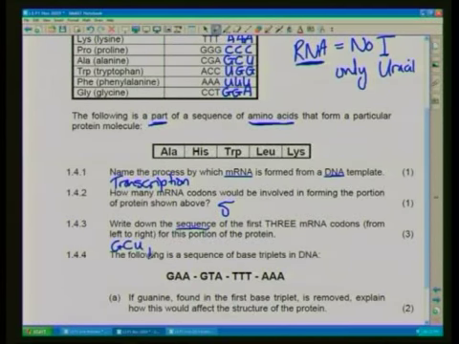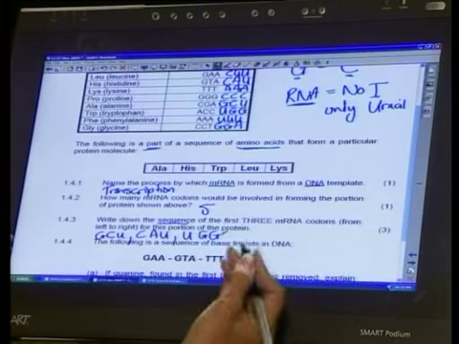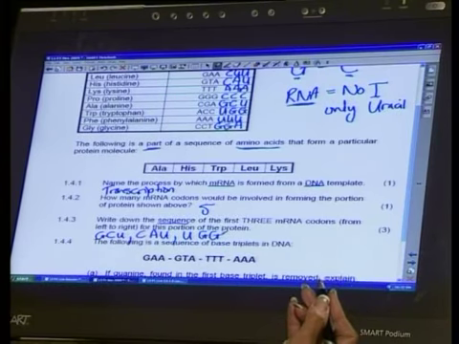Then histidine, we'll have to go up just a touch, and histidine is CAU. And tryptophan is UGG. And for that, they give you 3 marks. How easy is that, hey?